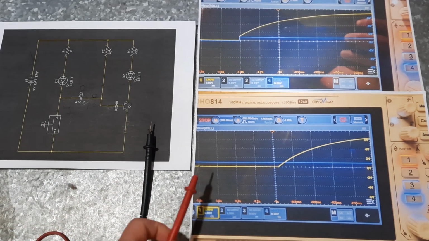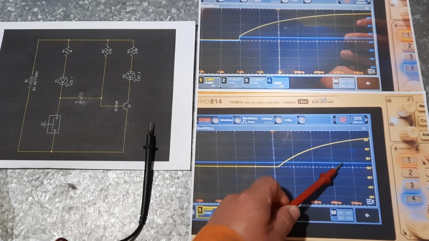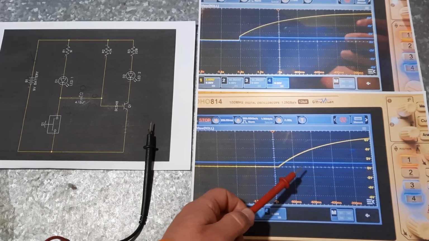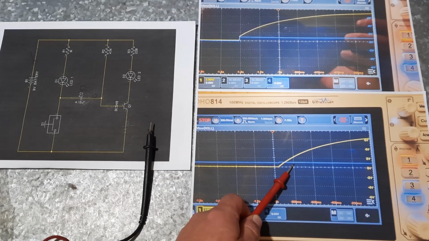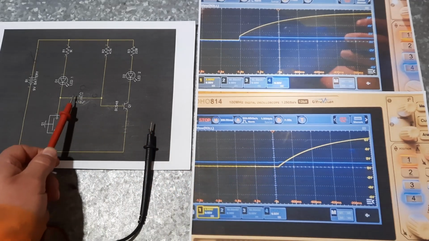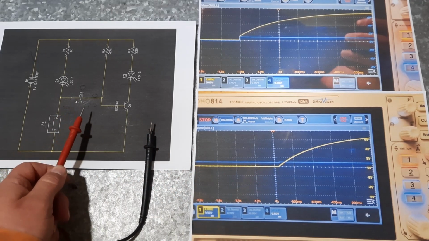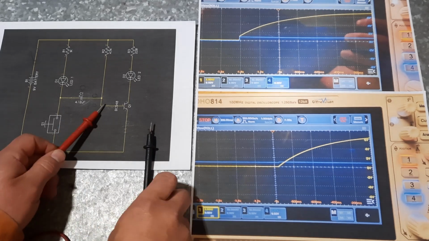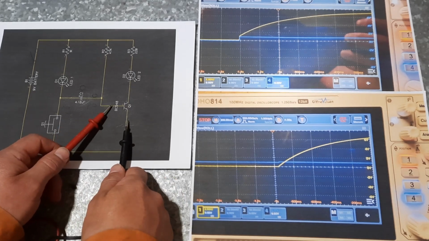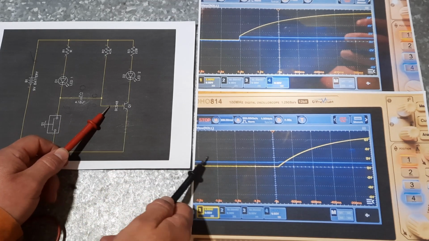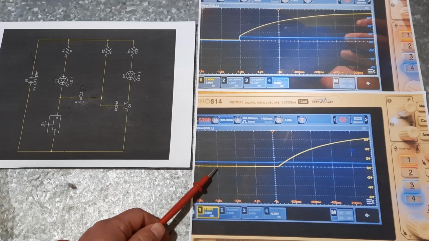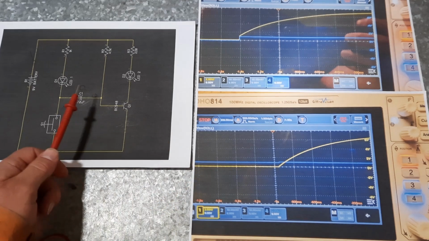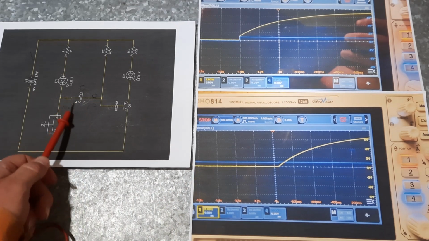Just because we have the blue trace in here, reading whatever it is, 0.7 or 0.8 of a volt, that doesn't actually reflect what's happening in the capacitor. That is the base emitter voltage along that blue trace, and it can still be at 0.7 of a volt while this thing is in a negative charge.